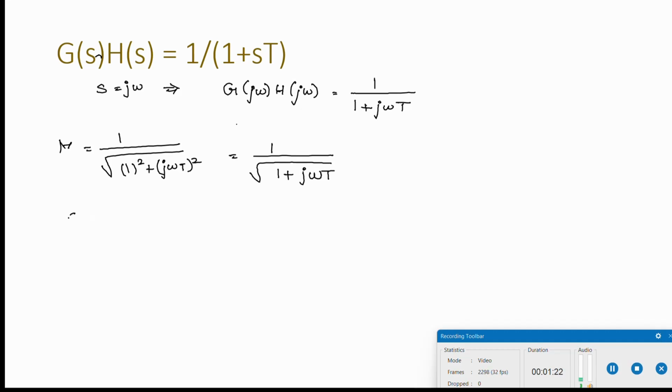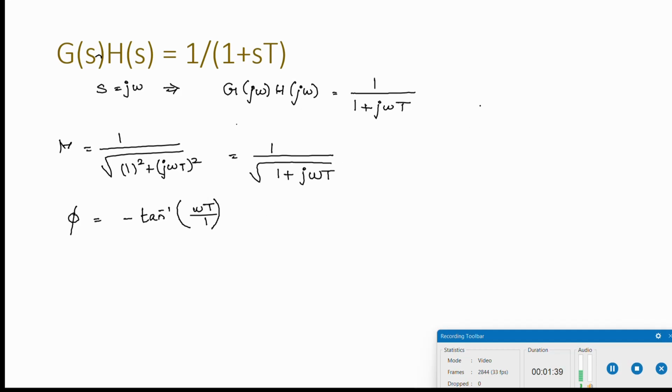Also, phi is equal to minus tan inverse of imaginary divided by real. So this is our magnitude equation and this is our phase equation.